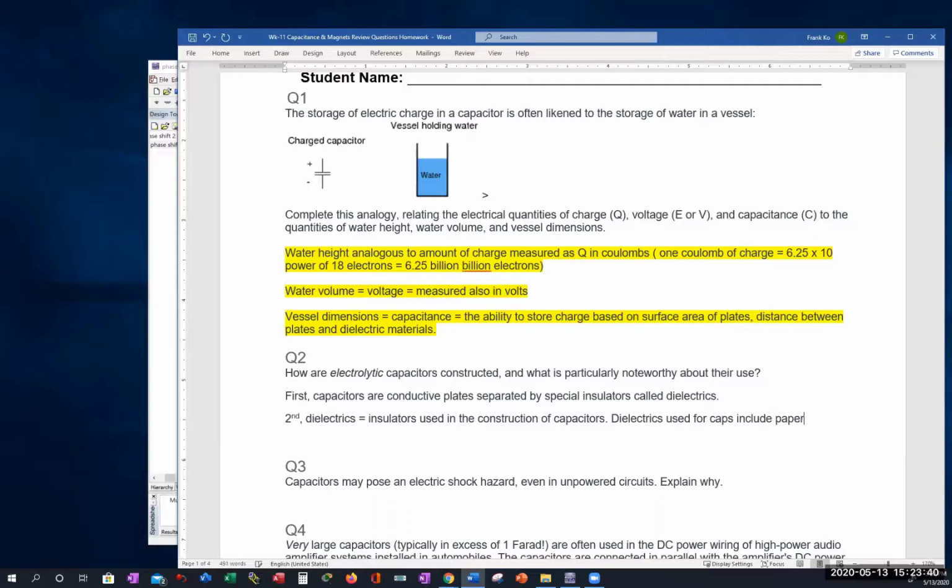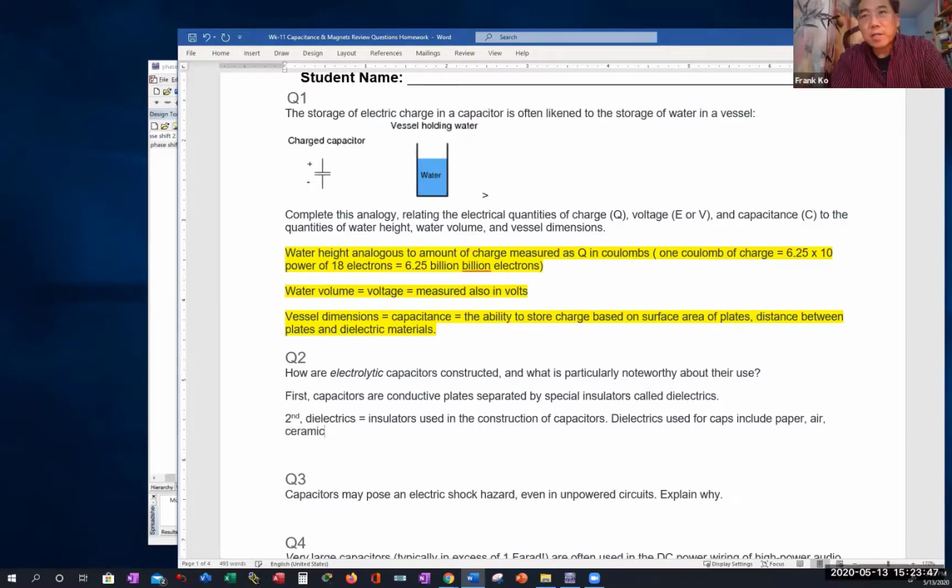Paper is one, air is another. Ceramic. Ceramics, okay, all different kinds of ceramics. Plastics. Yeah, so these would be plastics, and in particular for this question, electrolytic paste compounds.